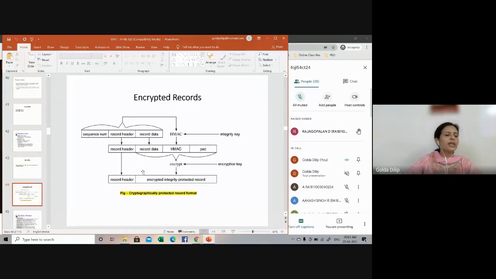That's the one which takes care of this aspect, because whatever records are sent after a change cipher specification record are all cryptographically protected with the negotiated cipher suite, the agreed cipher suite.